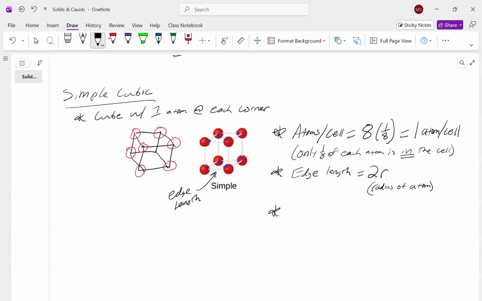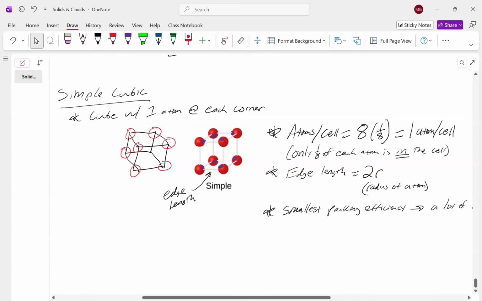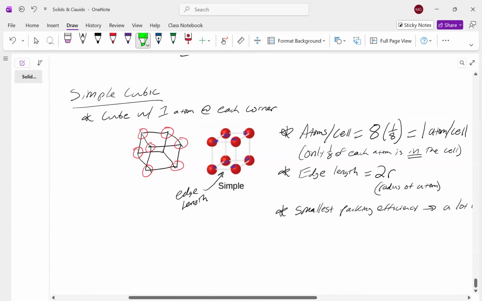A simple cubic cell is known to have what is called the smallest packing efficiency, which is a fancy phrase meaning there's a lot of empty space. If you look at that, there's a ton of space inside of that cube that's not occupied by an atom.